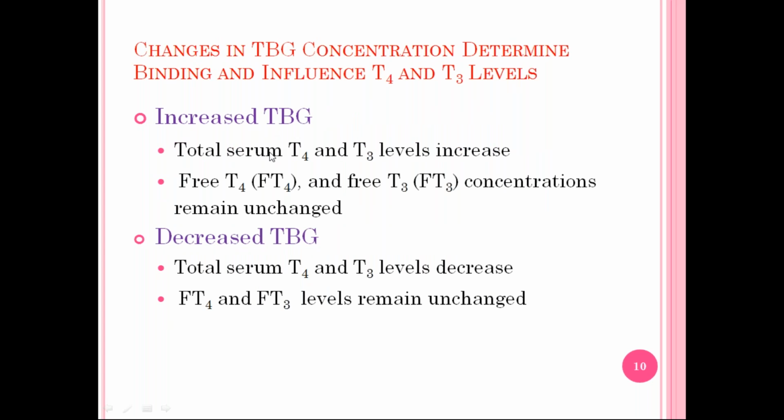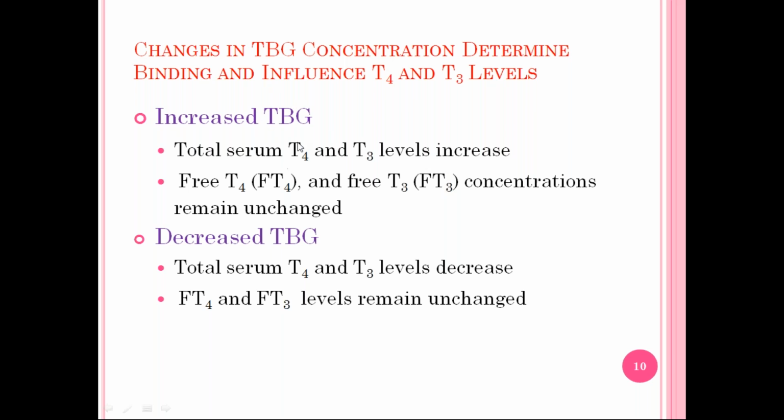So what happens when thyroid binding globulin, TBG, is increased? The total T4 and T3 levels increase, but the free hormone is unchanged. The body always tries to maintain free T3 and free T4 levels, because these are the metabolically active ones.